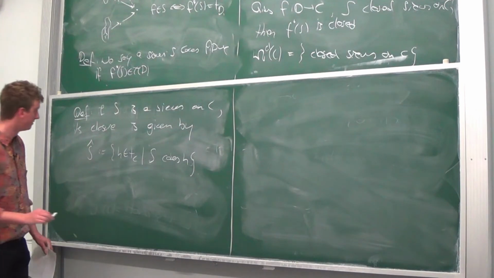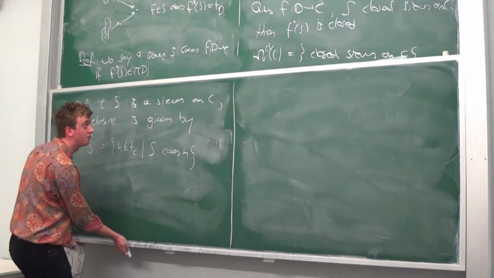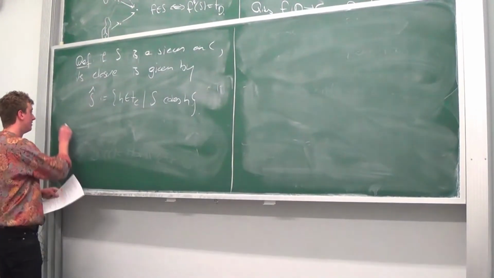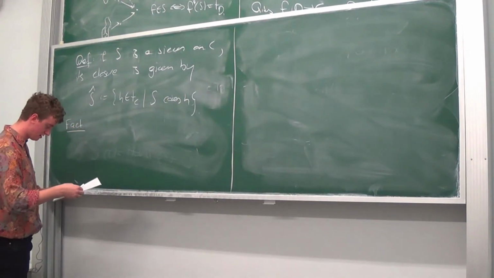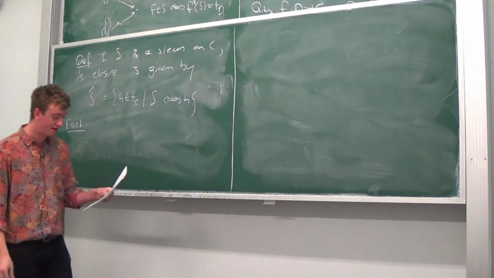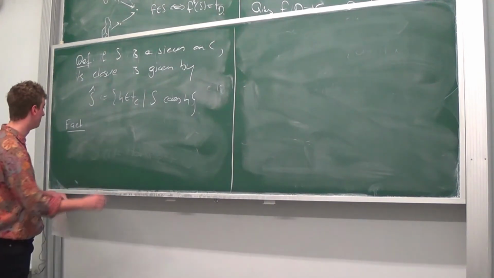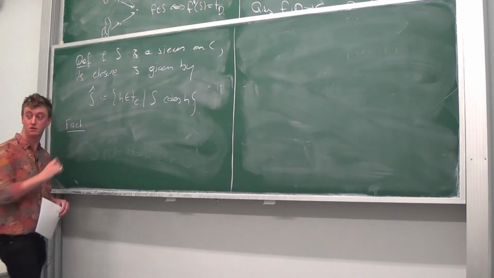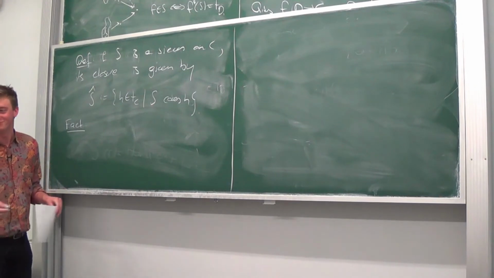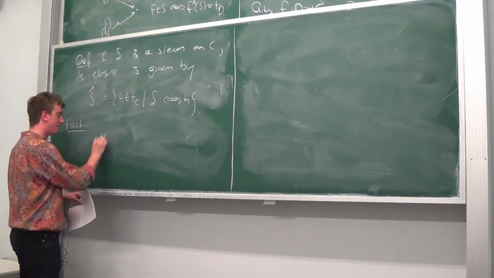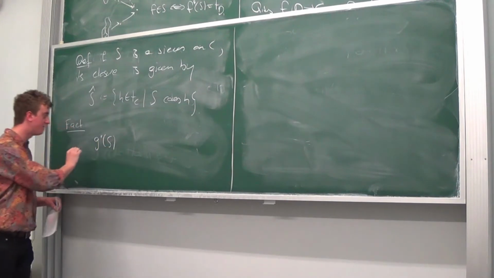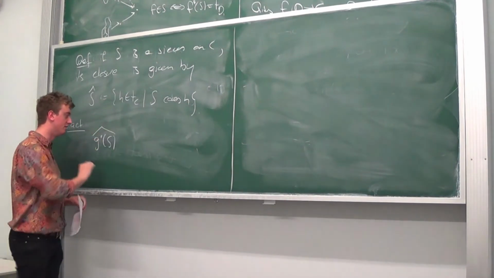As a result of this, we have the following fact: pullbacks and closure commute. In other words, we take a sieve S and a morphism g, pull S back by g and take its closure.